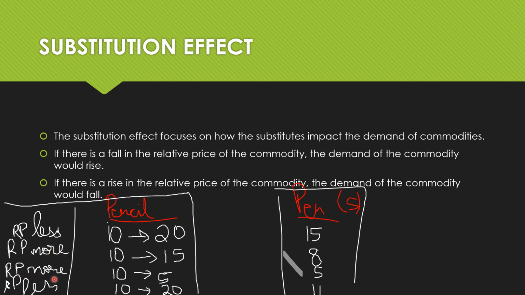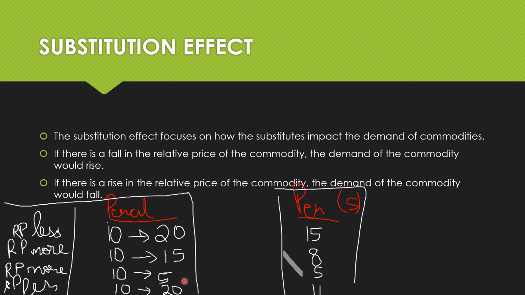In the second case, we saw that the relative price is more. When the relative price is more, the demand fell from 15 to 5. So when the relative price falls, there's a rise in demand.